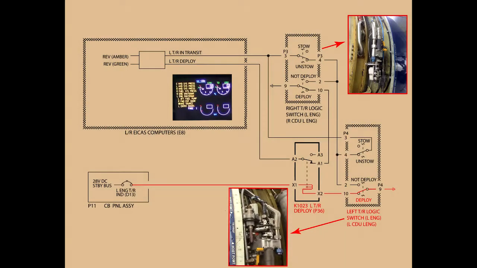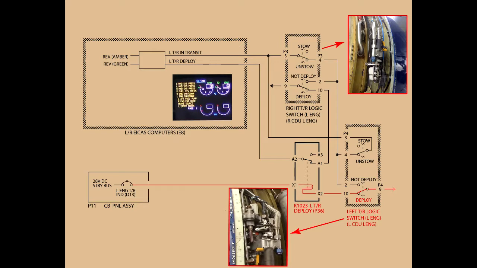Let's talk about what it will take to get the green reverser light on ICAS to come on. First of all, take a look at our schematic. You can see that we have to have a deploy relay energized. To get this deploy relay energized, we have to have the left thrust reverser logic switch in the deployed position to energize the coil in the relay.